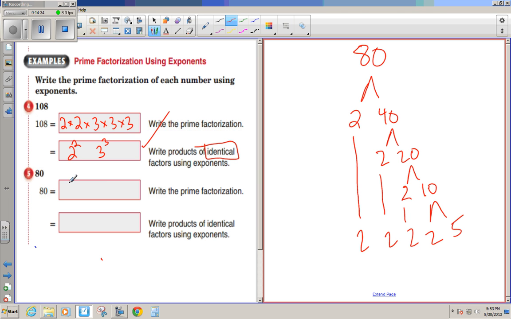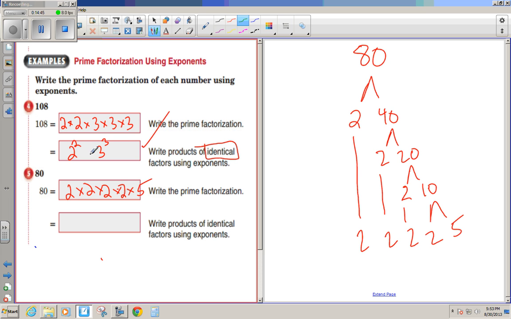Write the prime factorization. 2 times 2 times 2 times 2 times 5. How many 2's are there? 1, 2, 3, 4. So our answer should be 2 to the 4th. How many 5's? Times 5. That's how we set that up. And we can use a little x here if we want to still show the multiplication.